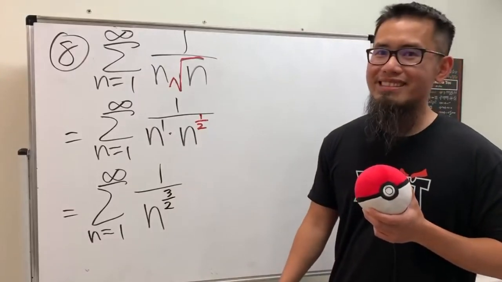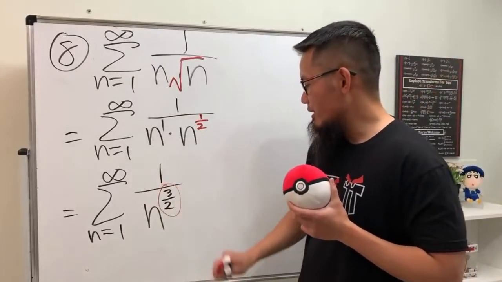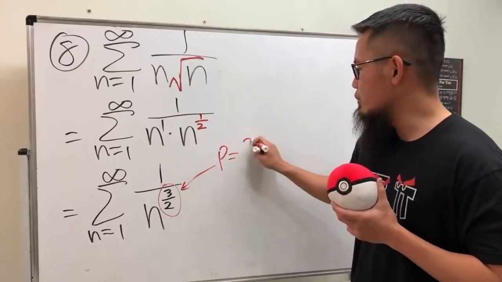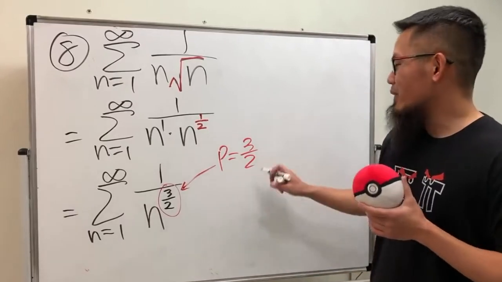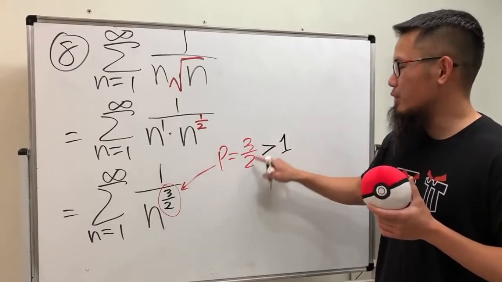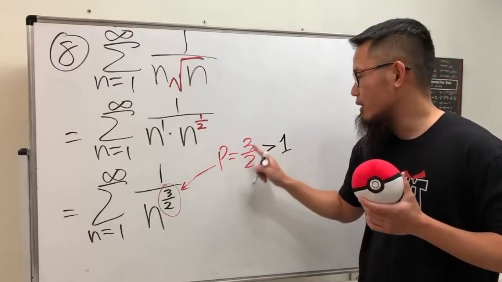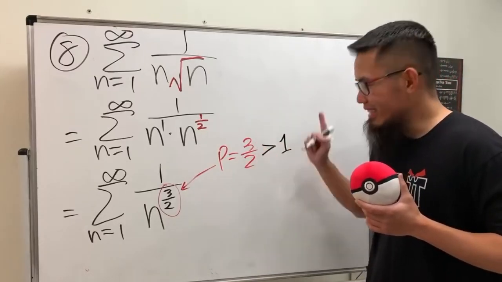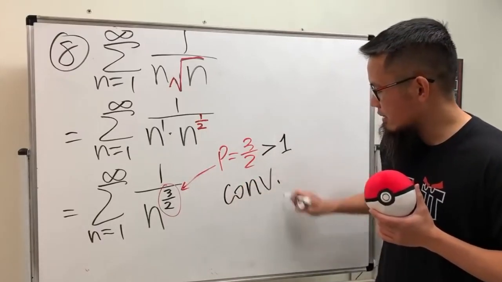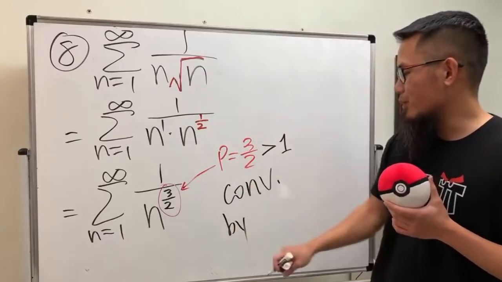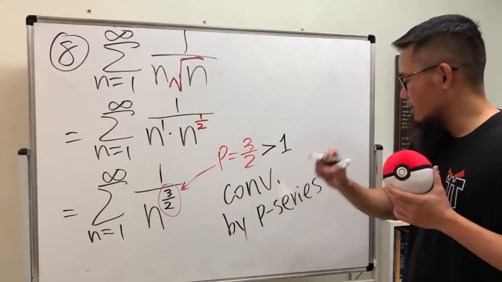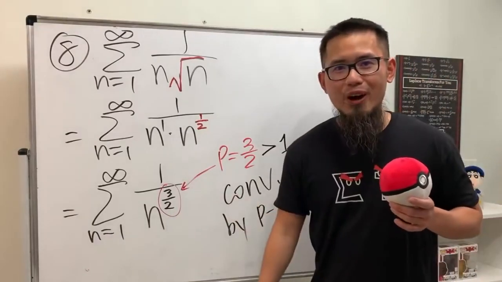That's very nice. Why? Because we can say that the p is equal to 3 over 2, which is greater than 1. Again, don't just say p is equal to 3 over 2. You have to say 3 over 2 is greater than 1. Therefore, you know this right here converges, by the p series. And with that, we are done.